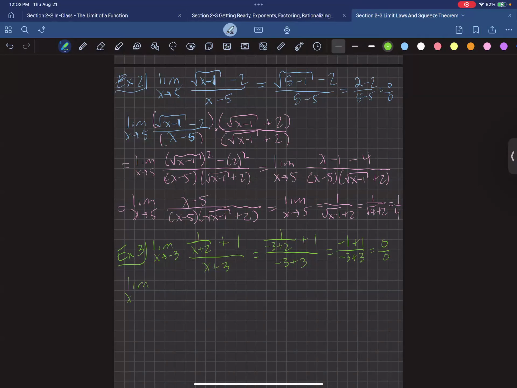So what we're going to do is get rid of the complex fraction part by multiplying through by all the LCDs. In this case, x plus 2. I'm going to multiply top and bottom by x plus 2. In fact, I'll make that a different color so it stands out.